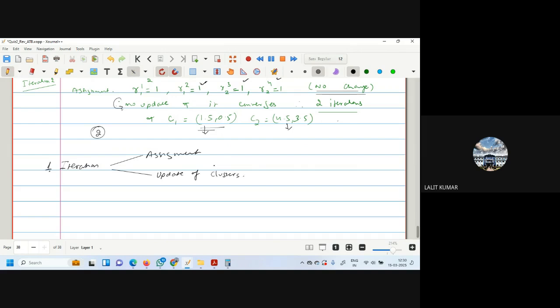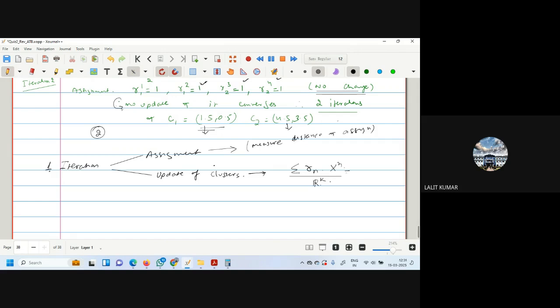Is this okay? Assignment: how do you do it? Measure the distances, find the smaller distance, and assign. Update means the summation of all the points, R_n times X_n, divided by the summation of R_k.